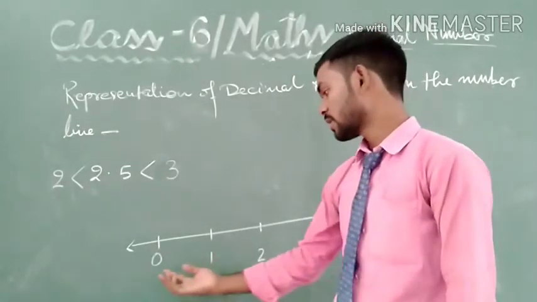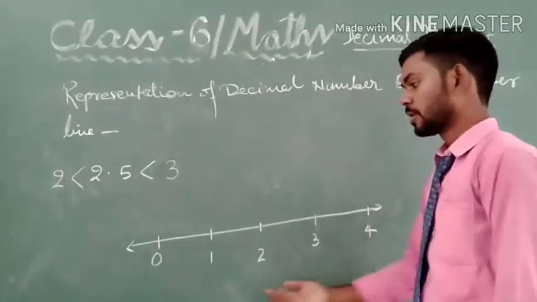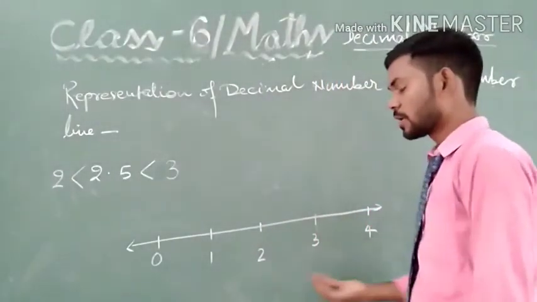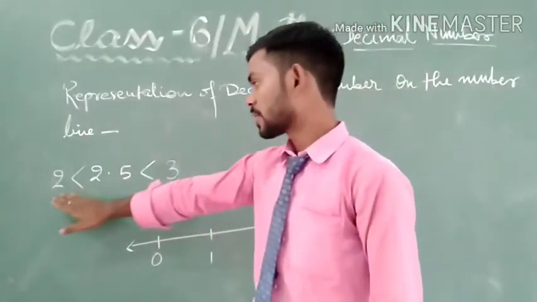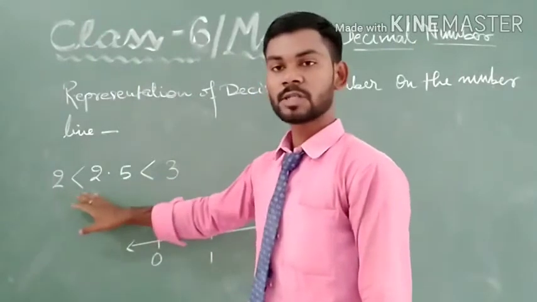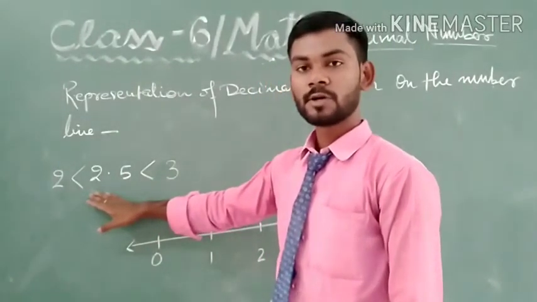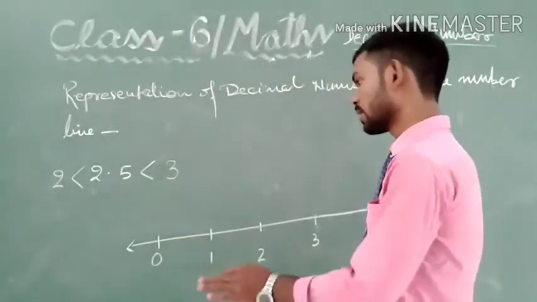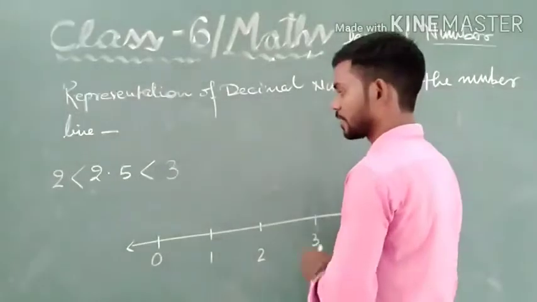Here you can see 0, 1, 2, 3 and 4, the numbers are increasing continuously. Therefore, 2.5 is greater than 2, which means 2.5 will lie on the right side of 2.